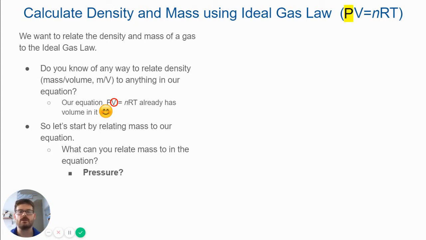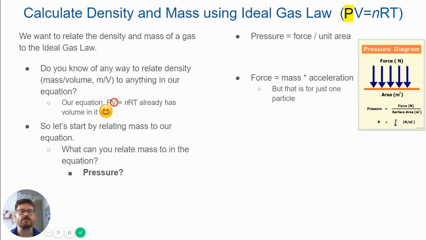Pressure, is there any way to do that? Well, pressure is a measure of force, right? It's a pushing force per unit of area. And so yes, force is mass times acceleration. So mass is involved in that, but this is just for a single particle or a single object exerting its force on something else.